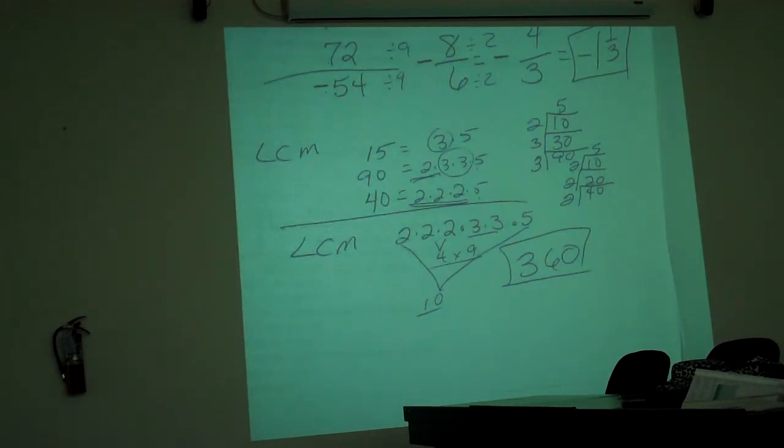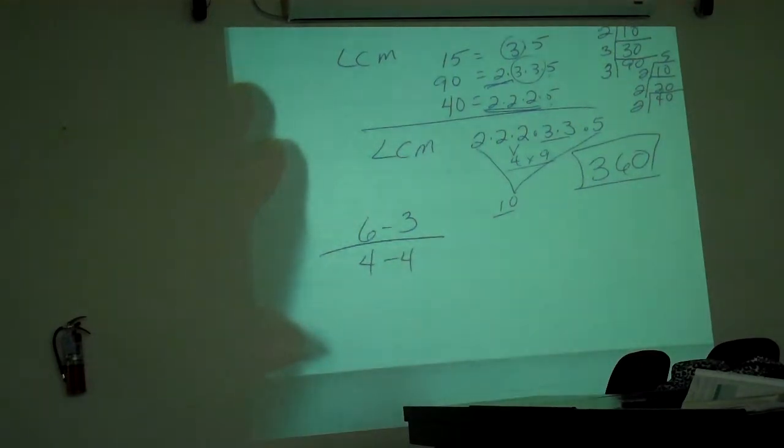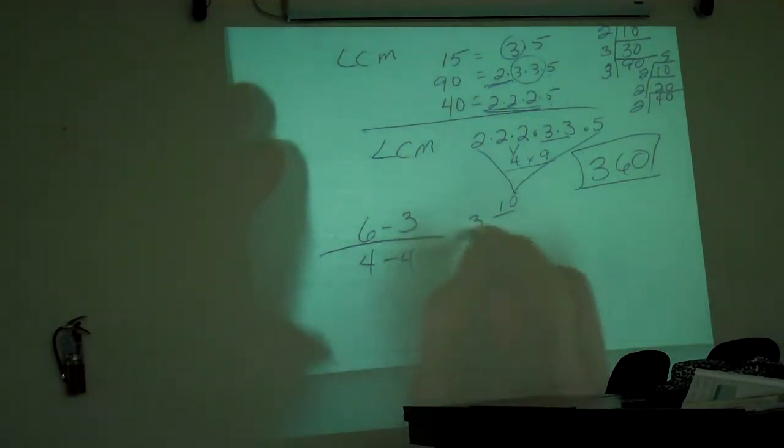Okay. Oh, and there's one other thing. I don't see that it's showing up on your homework, but make sure that if you have a fraction that it cannot divide by 0. So make sure that if you have like 6 minus 3 over 4 minus 4, that would be 3 over 0.